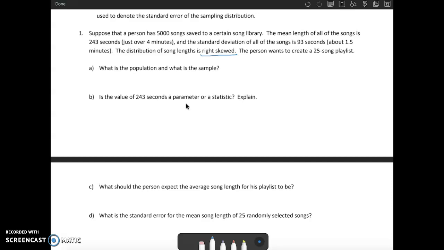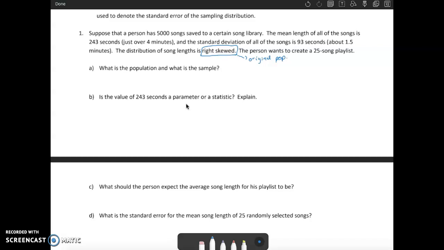What we've got here is the original population, all of the songs, is right skewed. So as we work our way through this problem, unless we hit that sample size, our sampling distribution of mean song lengths is going to continue to be right skewed.